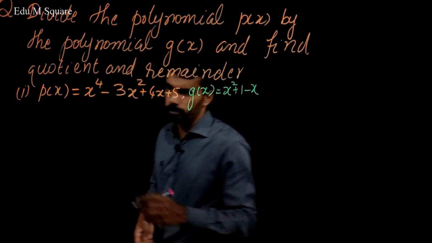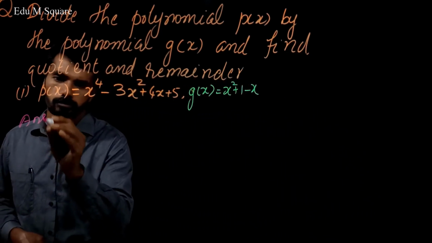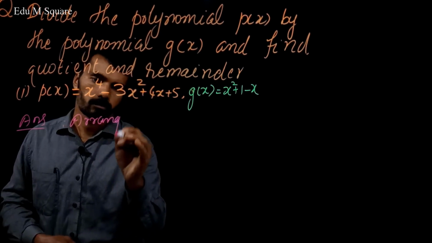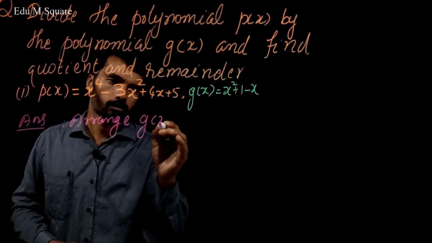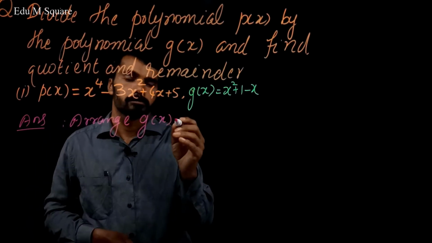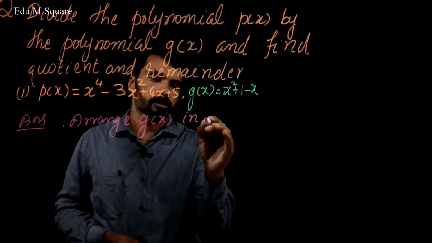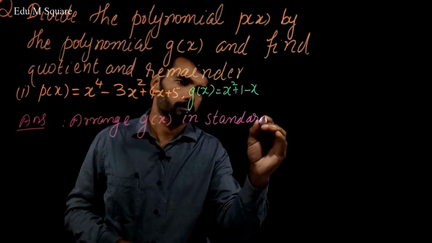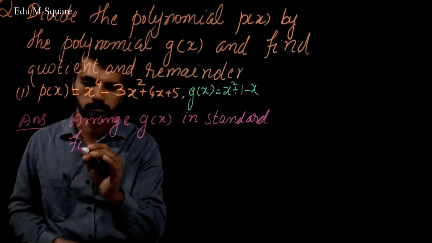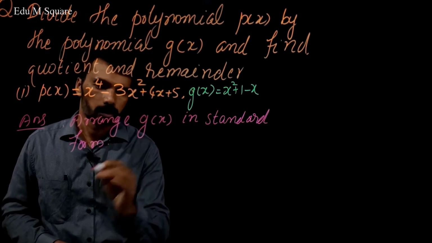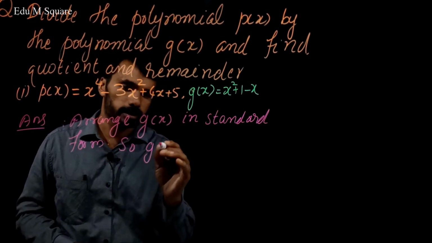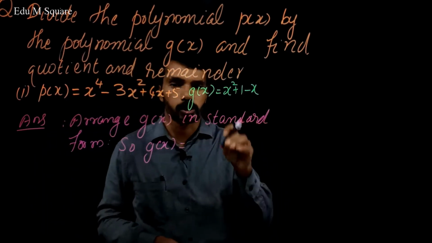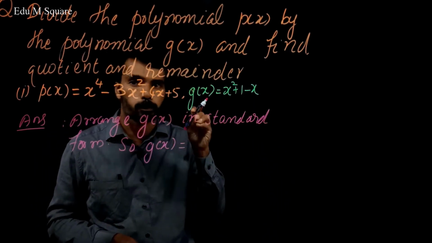So arrange g of x in standard form. So g of x is equal to, we write the terms of g of x in the descending order of the power of the variable.